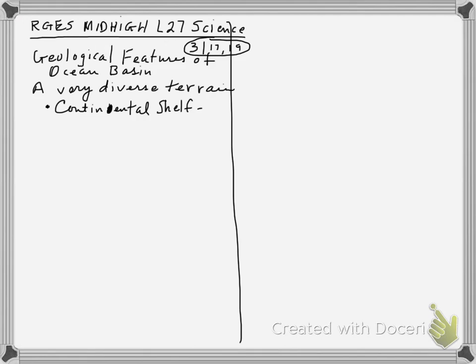So the continental shelf is land that slopes away from the continent over into the ocean. So there's a slope as you go off the continent into the ocean.